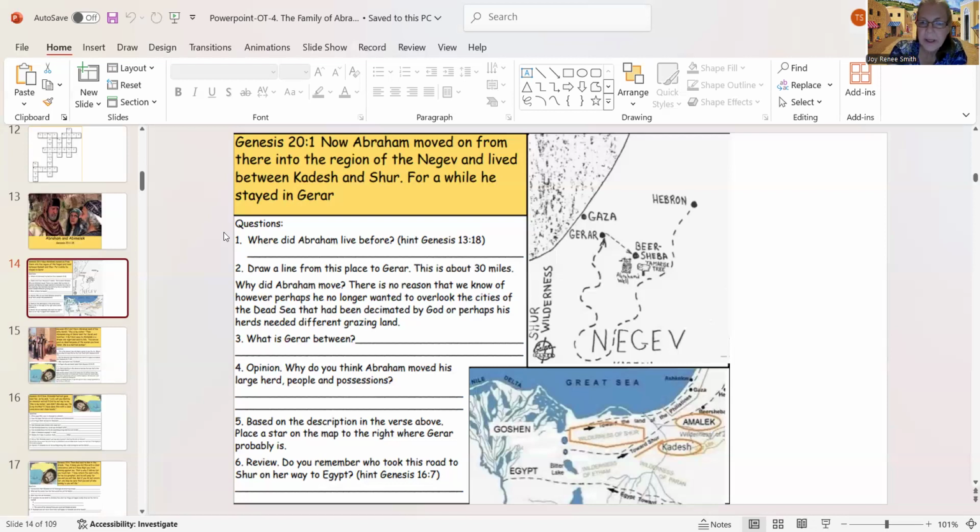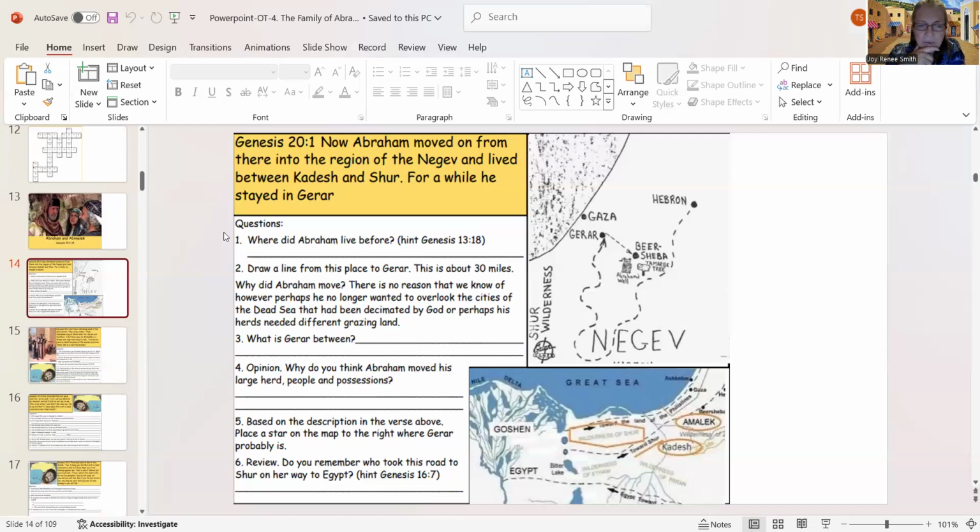And the wilderness of Shur is right there. So he traveled up, and then Gerar is between Gaza and Beersheba. So however you want to answer that. And we see it on the lower map here, a better understanding of it, towards Shur, between the wilderness of Shur and Kadesh. Okay.